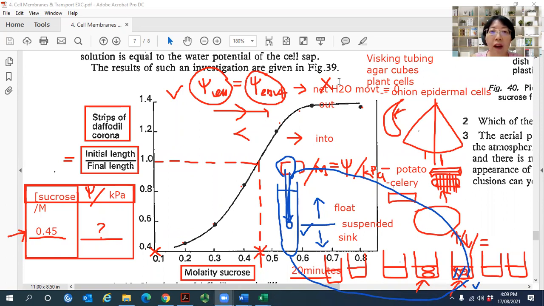Okay, open to the floor. Type your answer. First one correct, get the marks. This drop is more diluted than the original solution. Okay.